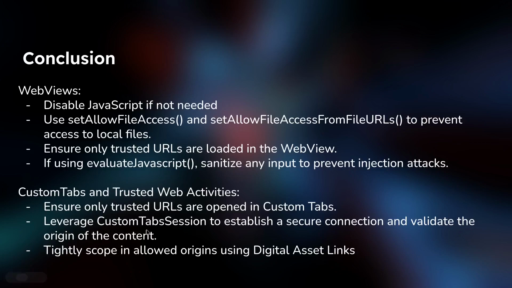You can use the custom tab session to validate the origin of the content. That's a much better way to perform that action instead of just trusting the origin. And then make sure that the website that's interacting with your app via a custom tab is tightly scoped with its digital asset links.